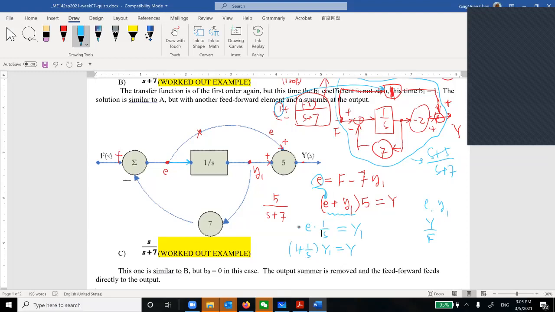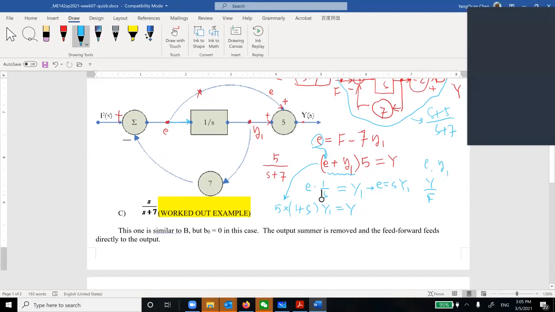So E times 1 of S is y1. Oh, no, this is S, sorry. Then E is S times y1, okay? So this should be S, okay? And E is S y1, so S plus 1 y1, then times 5, okay?